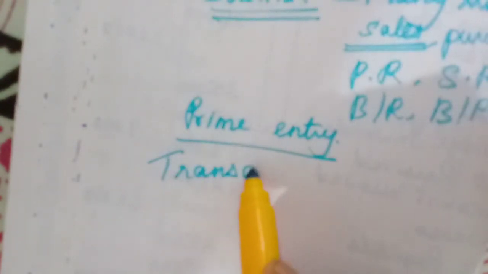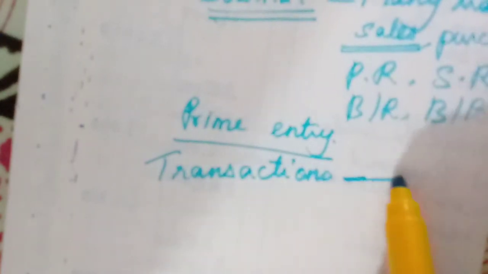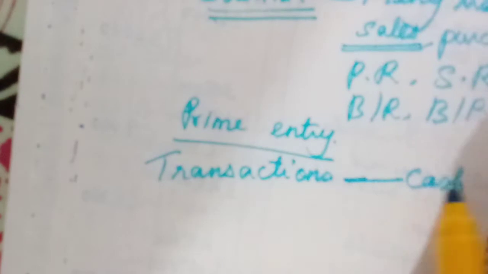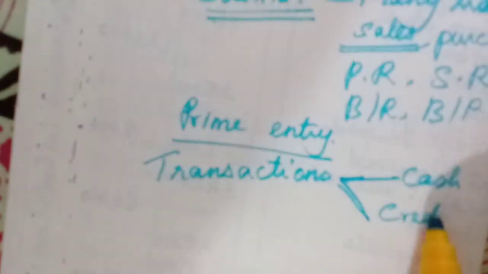All these terminologies in accounting we learned in the first lesson itself. There we learned about transactions. We know very well the transactions. Transactions are divided into 2. One is cash transactions, the other is credit transactions.